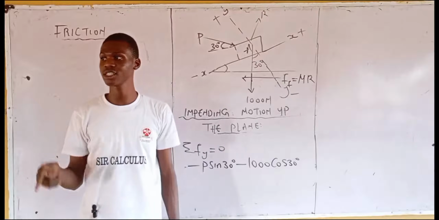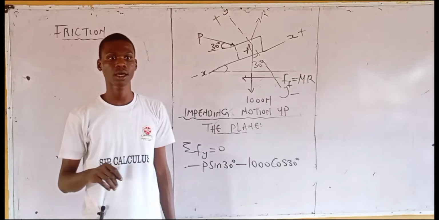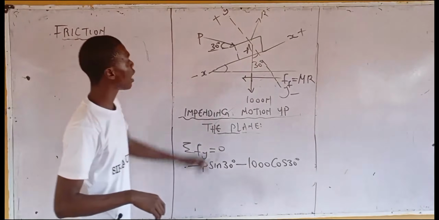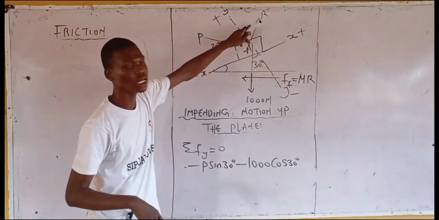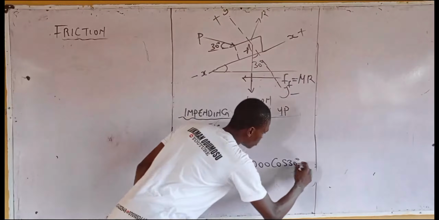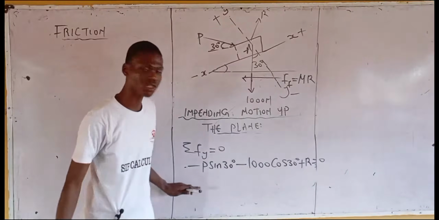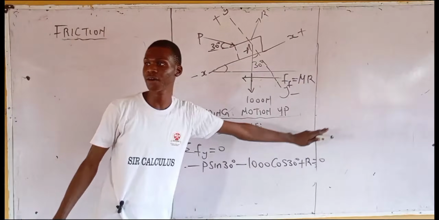It is cos 30 degree because the angle given is inclined to the vertical, right? Then the last one here is what? R, and it is acting upward. Then you have positive R equals 0. So I'm done considering all the summation of vertical forces.